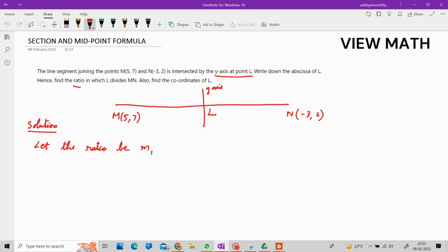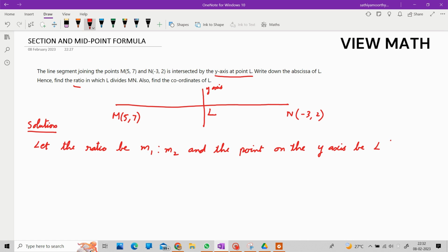Let the ratio be m1 is to m2 and the point on the y-axis, sorry, here it is the y-axis, be L. Now L is a point on the y-axis and L is the point of intersection between the y-axis and the line segment MN.